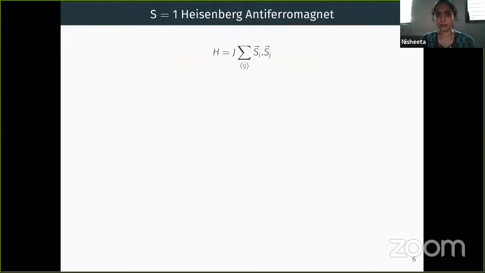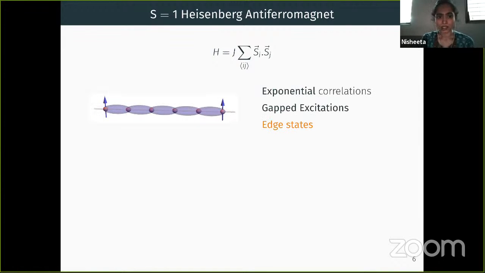One might think, what happens to the spin 1 Heisenberg antiferromagnet, right? Since it's a higher spin, you would think it's more classical and it has more tendency to order. But what the spin 1 Heisenberg antiferromagnet does is that it's completely disordered. All the correlations are exponential. There's a gap to excitations.